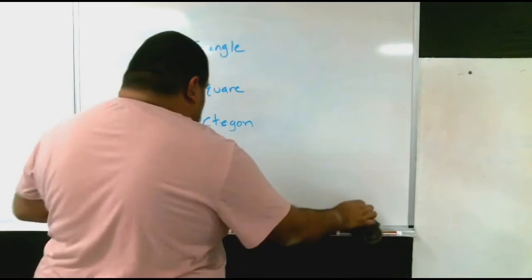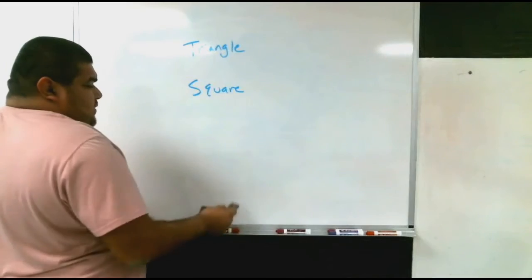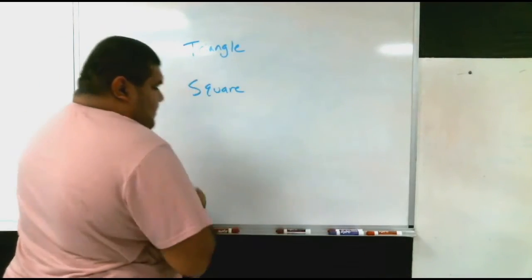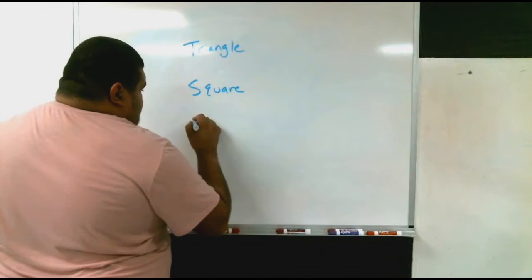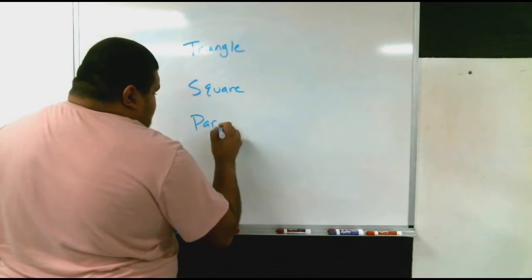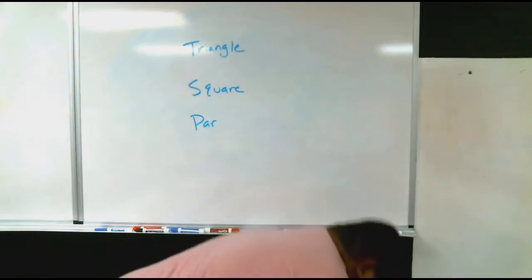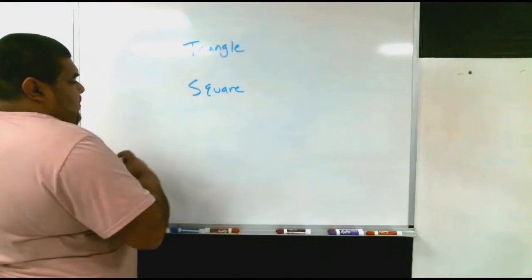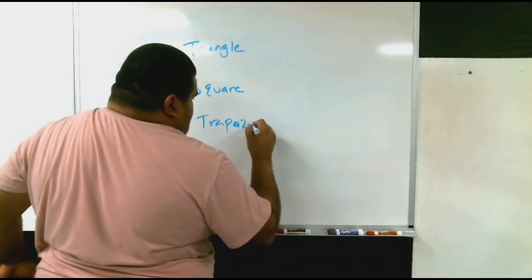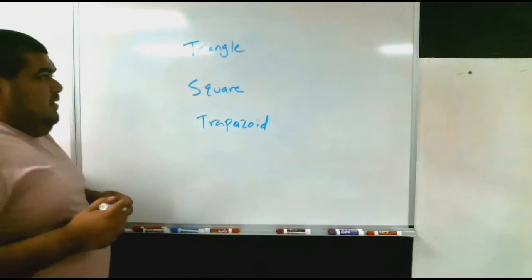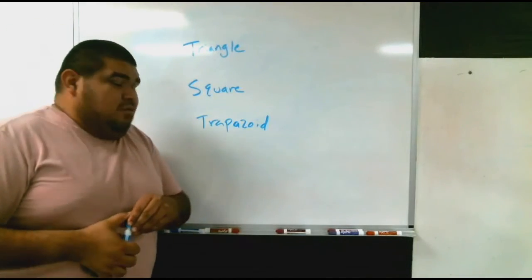You know what? Let's do it a little simpler. Let's go with parallelogram. No, we can't because it's sideways. Let's go with trapezoid. So we have a triangle, a square, and a trapezoid.